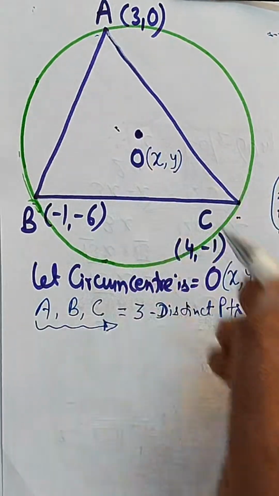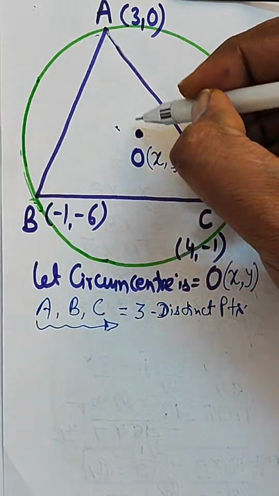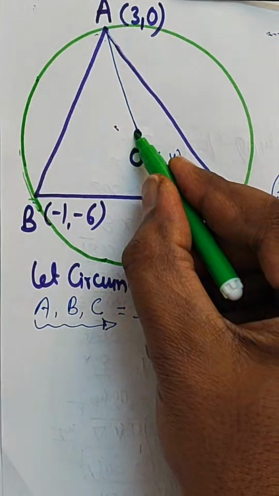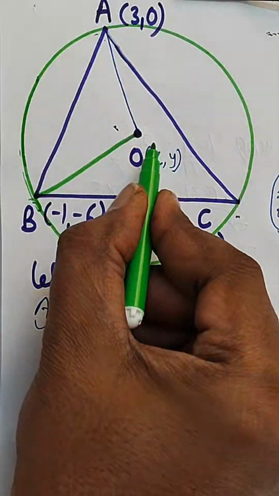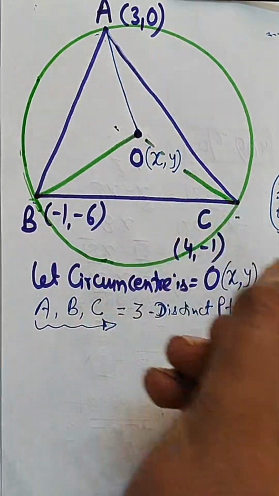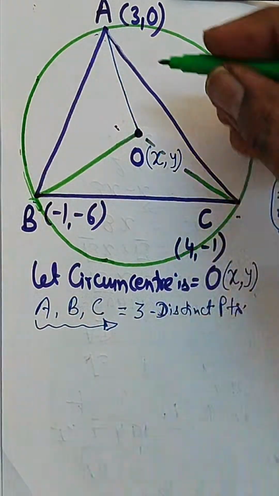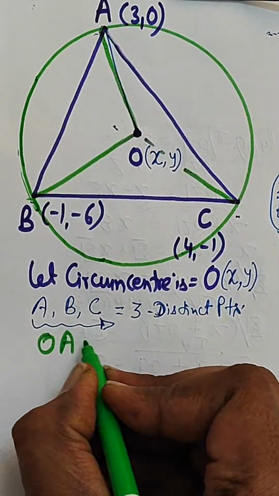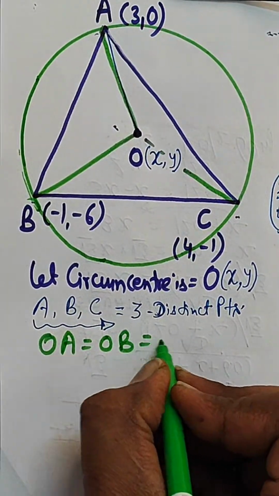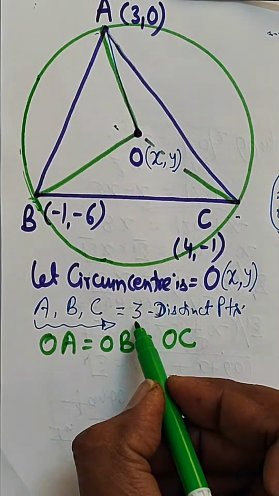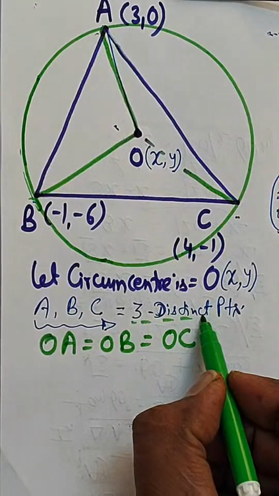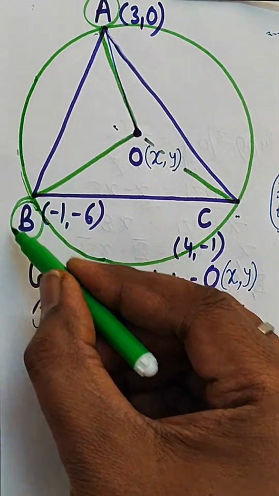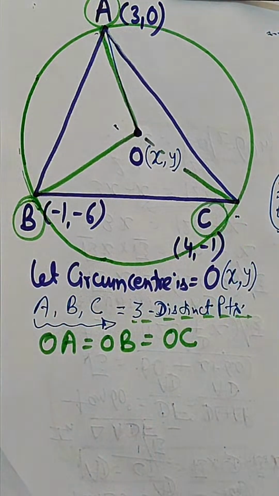And definitely when this is the circumcenter, then O to A, O to B, and O to C, all will be equal, right? OA will be equal to OB, which is equal to OC, because a circle can pass through three distinct points, and the three distinct points over here are A, B, and C, right?